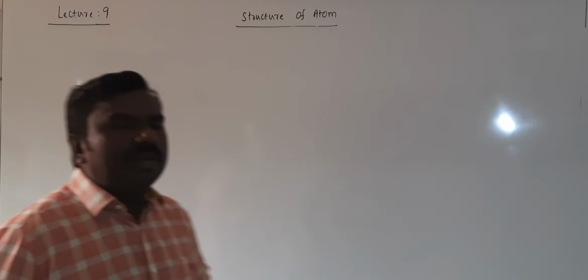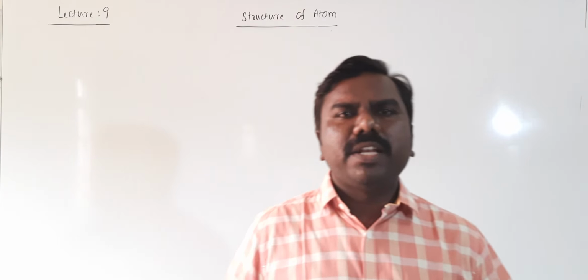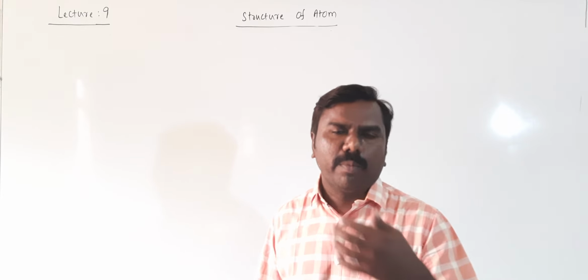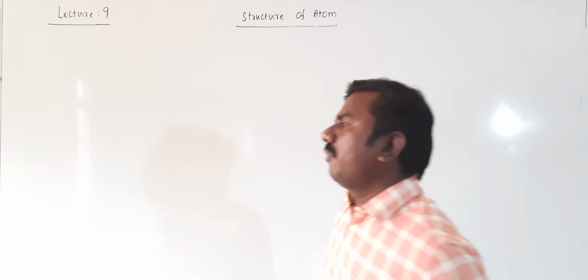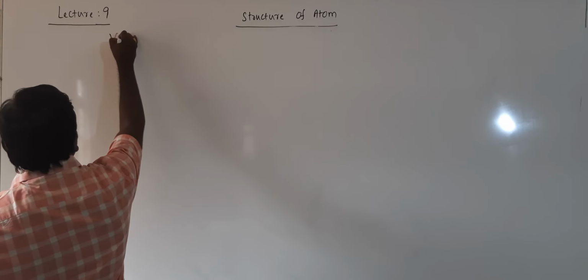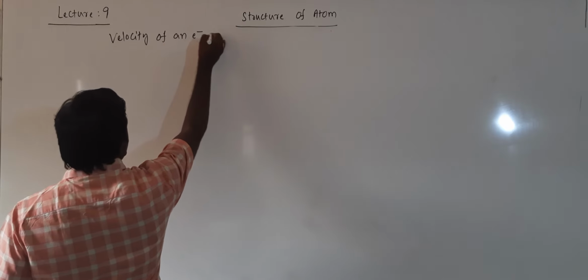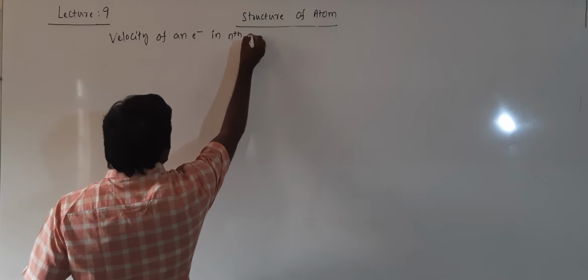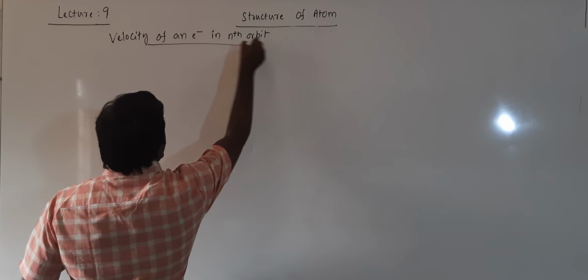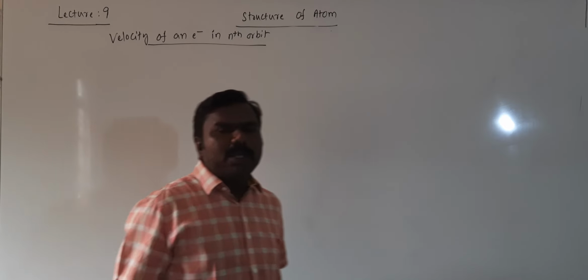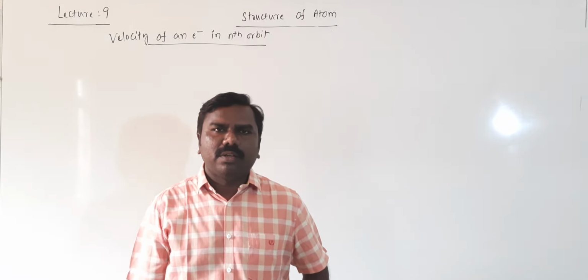Now, one more advantage of the hydrogen line spectrum, Bohr's atomic model, is the velocity of the electron. The velocity of an electron in the nth orbit. Whatever the orbit number, you can find the velocity of the electron.